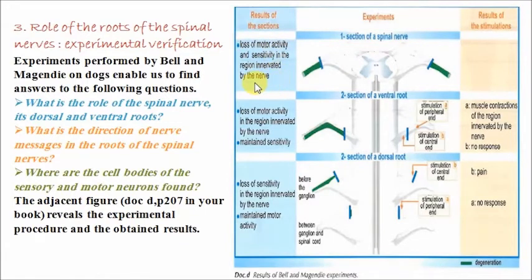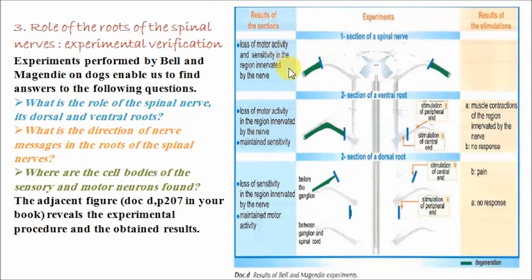The meaning of region innervated by the nerve is the region to which this nerve is going. So here, the structure which is innervated by the spinal nerve shows a loss of motor activity, that is, it cannot perform any motor action, and a loss of sensitivity.